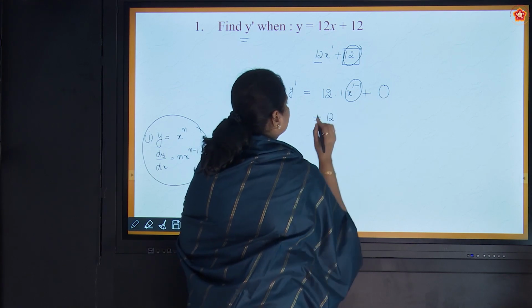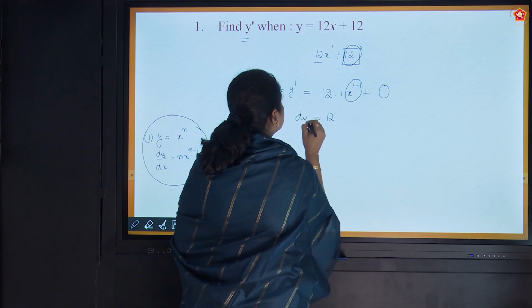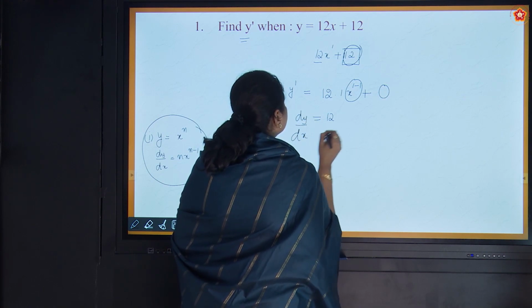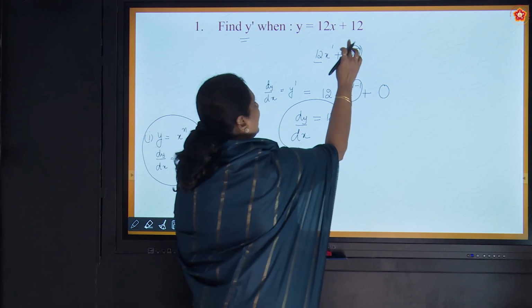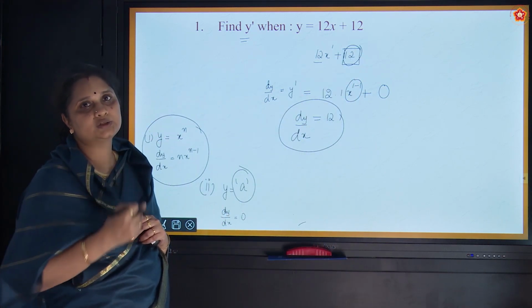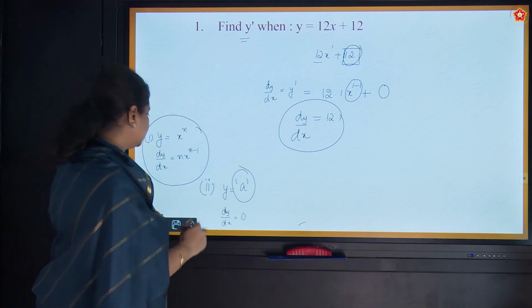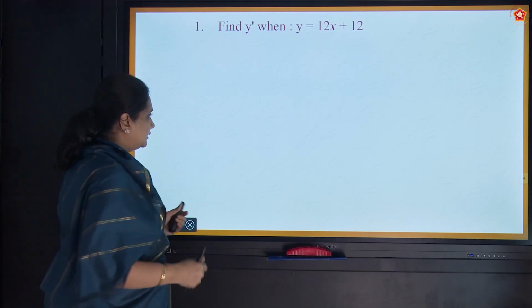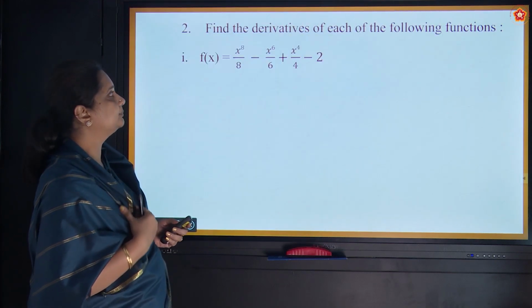Plus 0 is going to be 12. So my derivative dy by dx is 12. When I differentiate 12x plus 12, I get 12. I hope you understand. Let's move on to the next question.